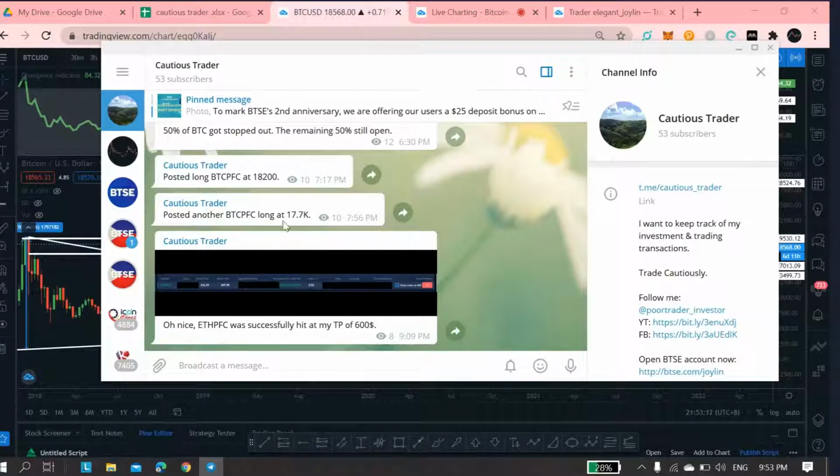It will average my entry price of 18,606 plus 18,200, if ever my order was done here, so it will average lower. And I also posted another long position at 17,700 just in case they dump it, so my active position will be hit.